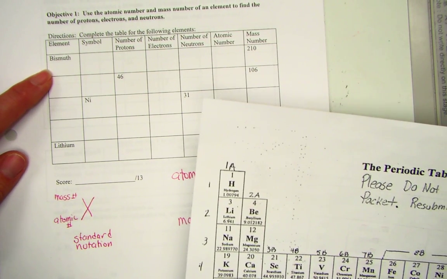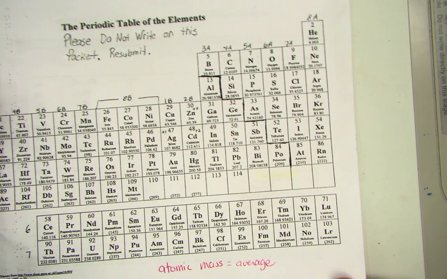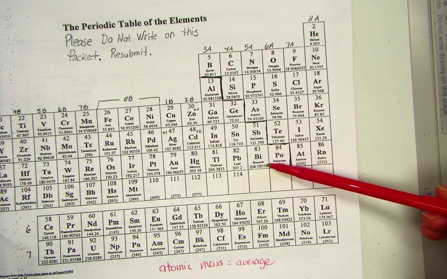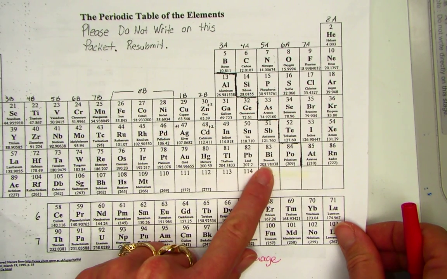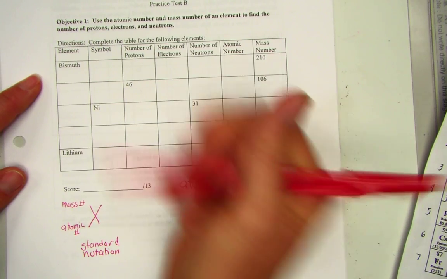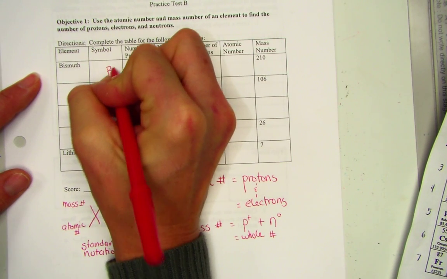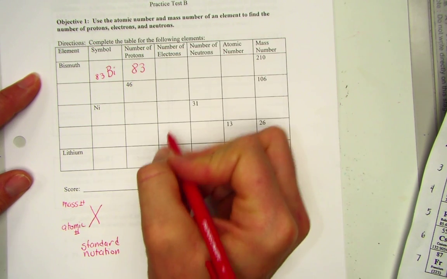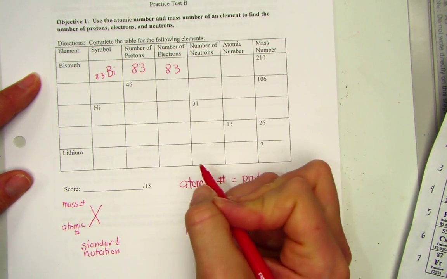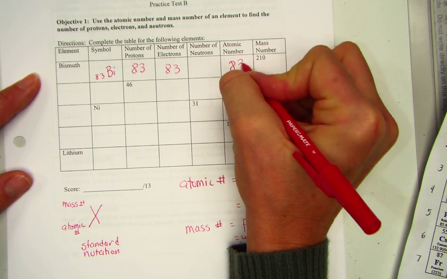The first element, bismuth. On our periodic table, bismuth is number 83. So the symbol for bismuth, number 83, tells us we have 83 protons, 83 electrons, because the atomic number was 83.